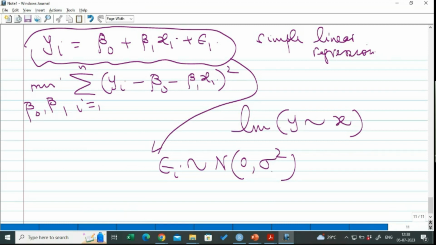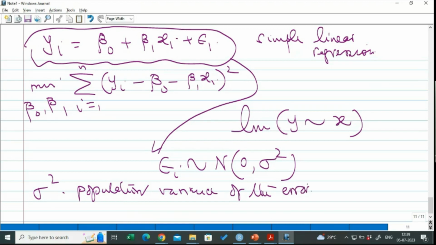Now this particular quantity sigma square, many people underestimate it. The sigma square, which is the population variance, the population variance of the error. So population itself has a standard deviation, population itself has an error, right?